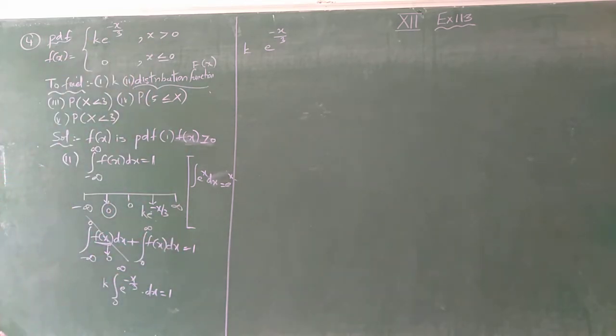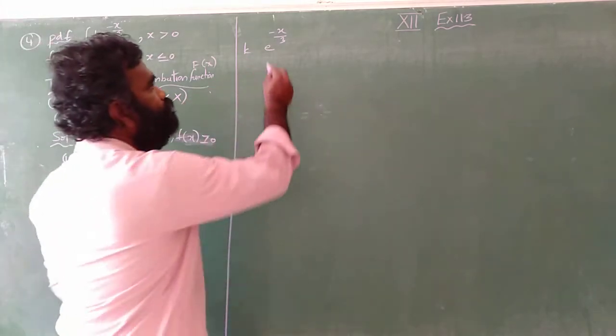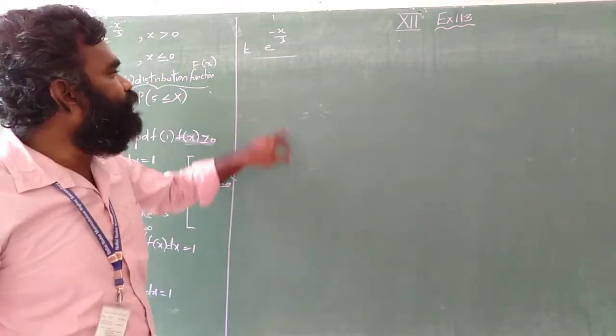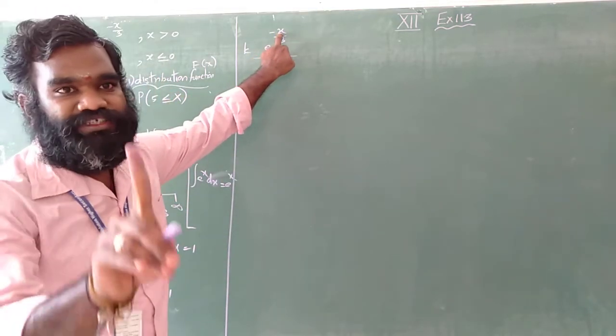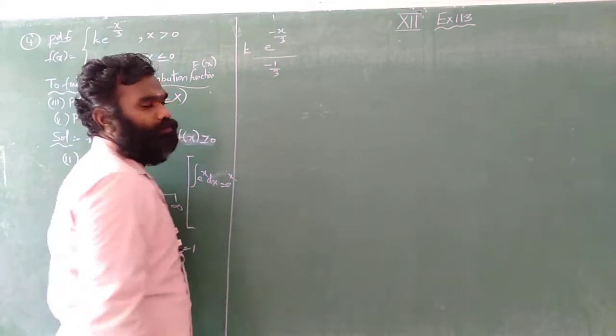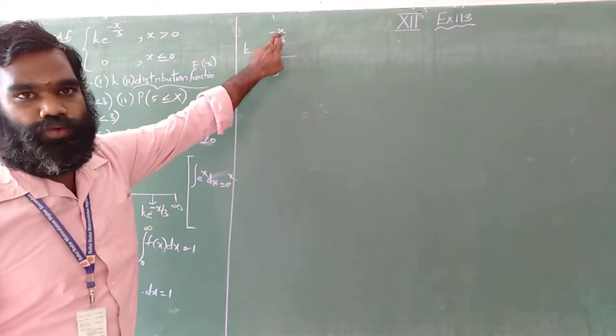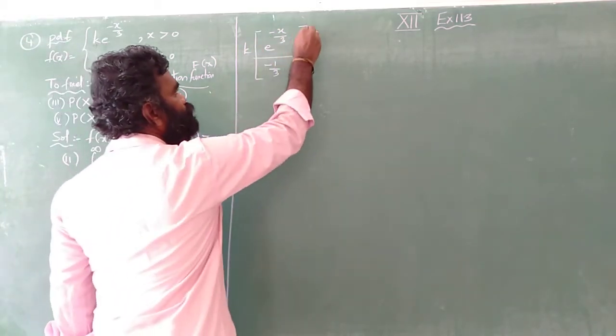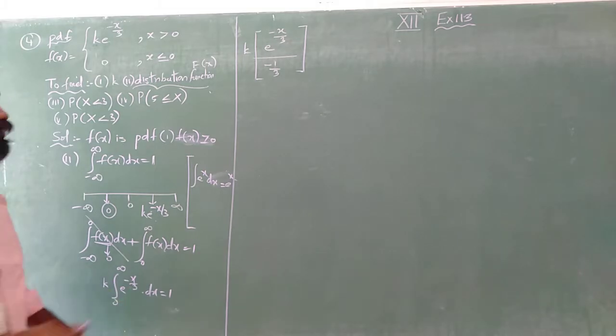Next, the same procedure: I need to differentiate the power and divide by it. Differentiating x gives 1, so here it is minus 1 by 3. Next I need to apply the limits, 0 to infinity.